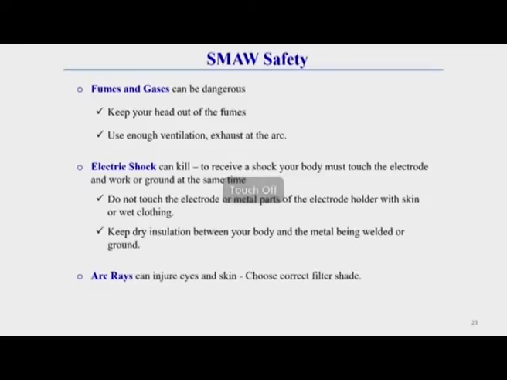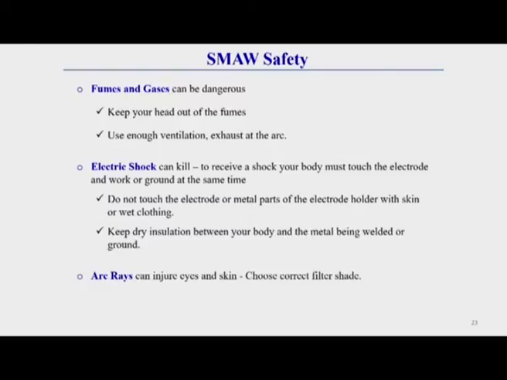So here also in this welding operation there are some safety precautions that you should keep in mind. Generally in this welding process you observe there are fumes and gases generated. These fumes and gases can be harmful to the welder or whoever does the welding. That is why always keep your head out of the fumes, and use enough ventilation and exhaust at the arc.